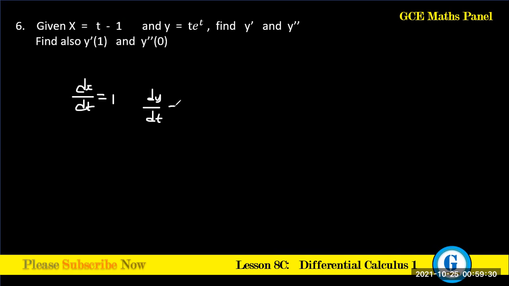is equal to, we have to apply the product rule here because this is a function and this is another function. We keep the first function constant, we differentiate the second, plus the second constant, we differentiate the first. Differentiate the first, we just have t. So this is this function when it differentiates. So from here, our dy/dx will be equal to dy/dt divided by dx/dt.